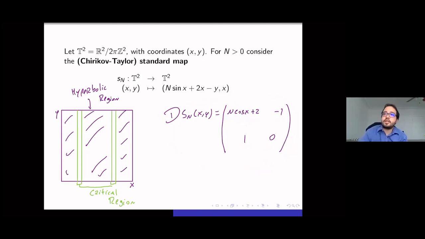If n is very large, and if cosine is not close to 0, then this entry of your matrix becomes large. This translates to seeing some expansion for almost horizontal vectors. If you have a vector close to horizontal, you start to see some good expansion.